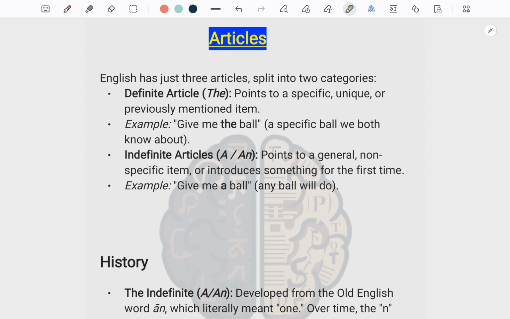I'm not going to describe or explore much more about the articles. We will discuss here on a surface level, but I hope this lecture will help you in understanding what articles are in the exact way.